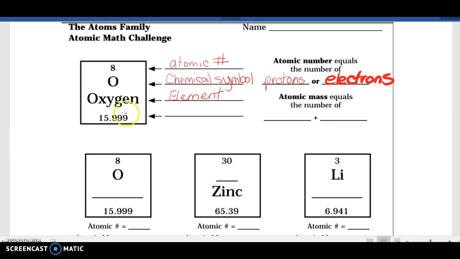And down here, this number that is not a nice whole number is the atomic mass. Do you remember what the atomic mass equals? It's the number of protons plus the number of neutrons.